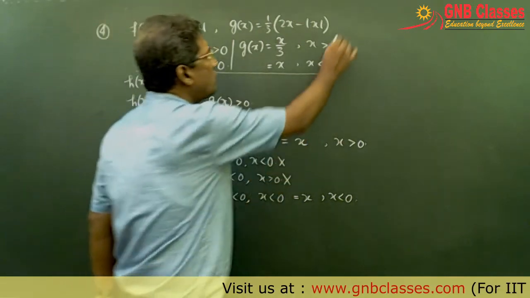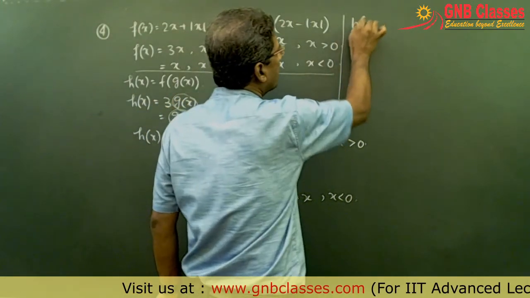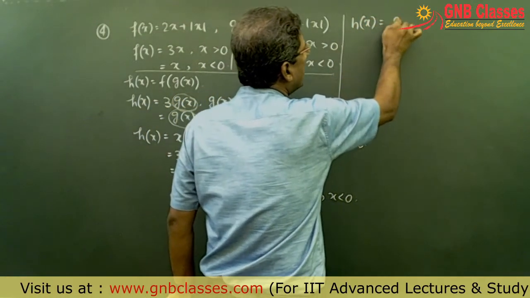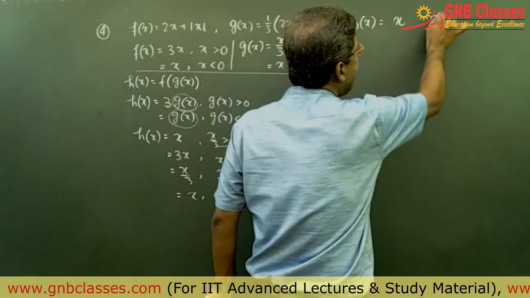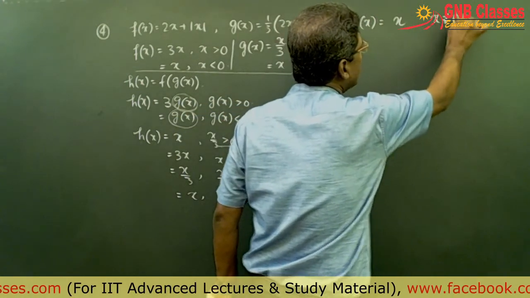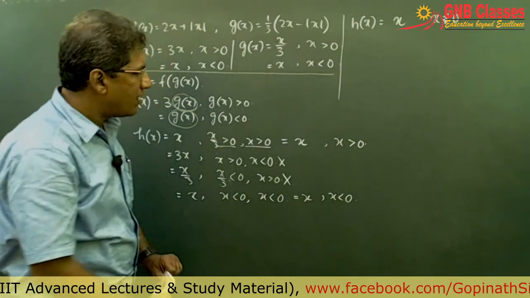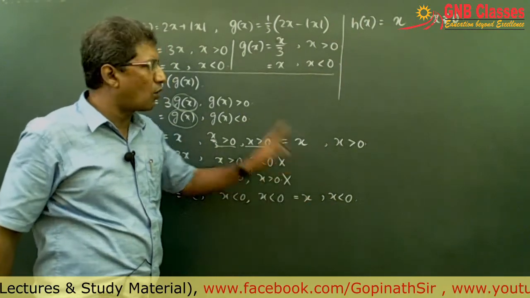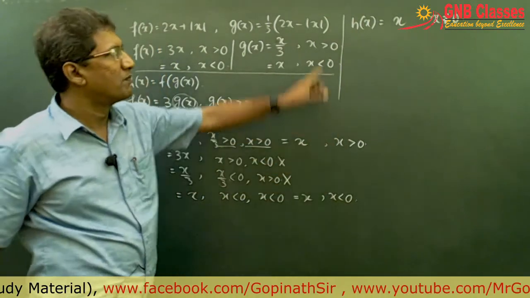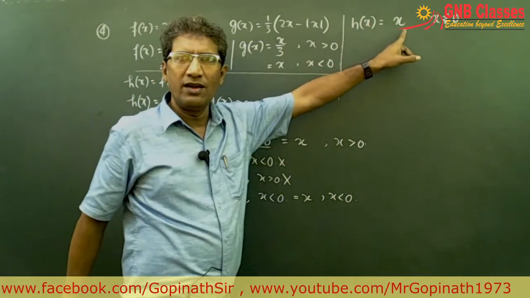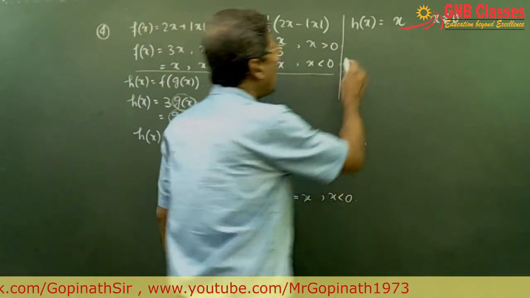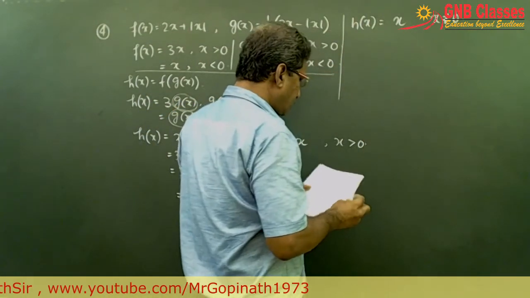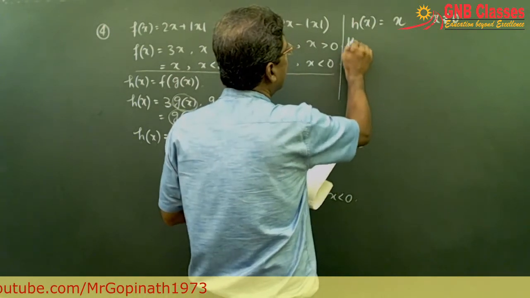So h(x) we are basically getting equals x when x is not equal to 0. Is it clear? When x is not equal to 0, for all values of x, your h(x) is coming to x only.